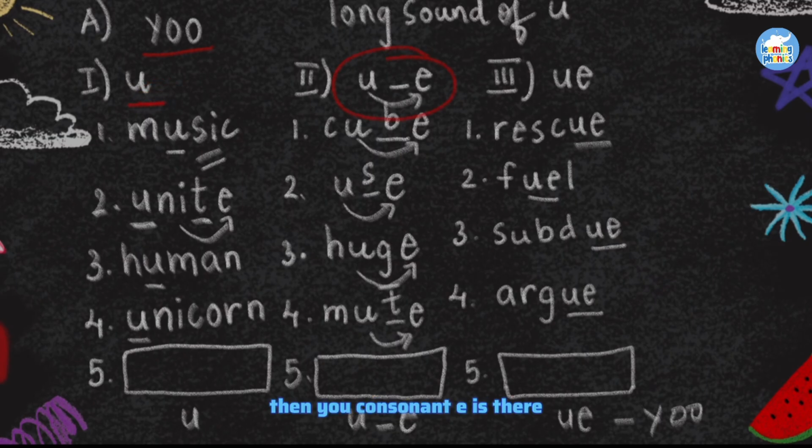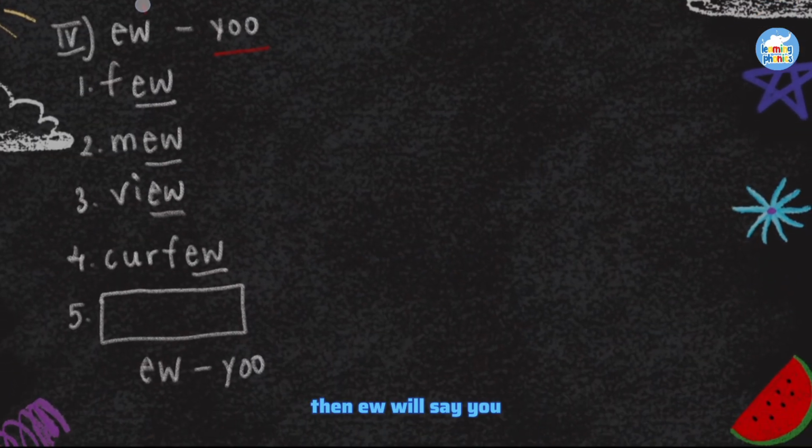Then U consonant E is there, then UE is there, then EW will say U. In the second part, we are going to cover the U letter sound which says oo.